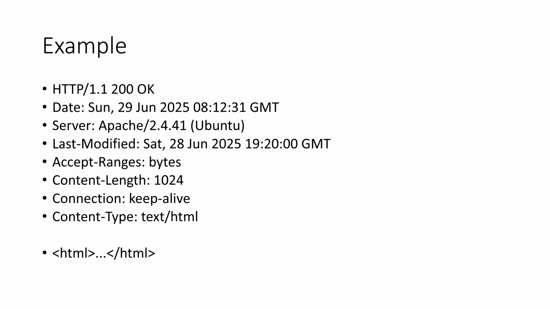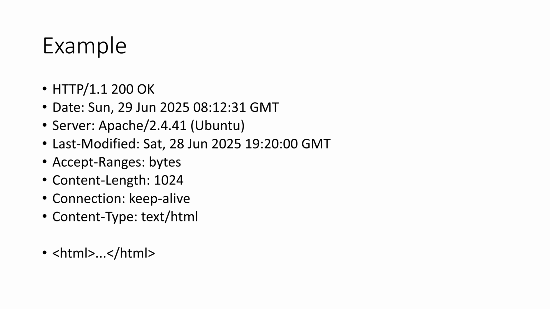Now let's look at an actual HTTP 1.1 response. The first line says HTTP slash 1.1 OK. That means the server is using HTTP version 1.1 and the request was successful. The headers follow. We see the date, which is when the server generated this response.